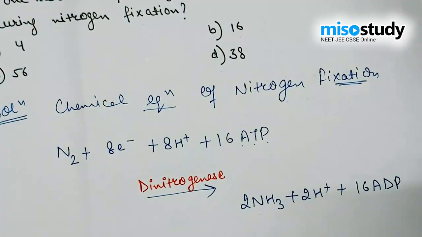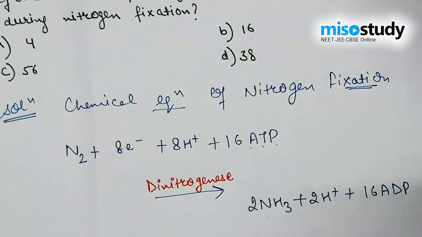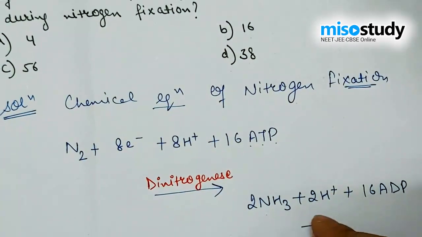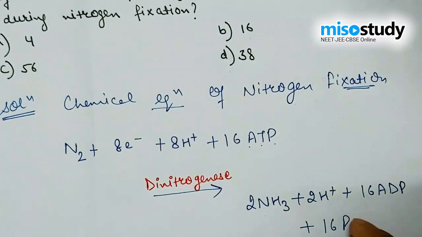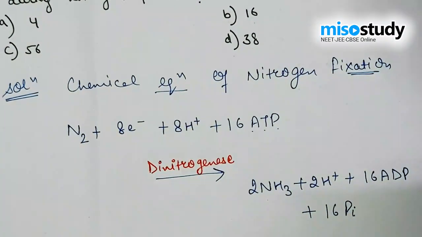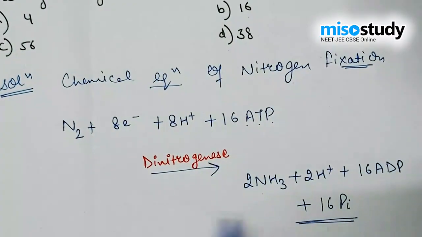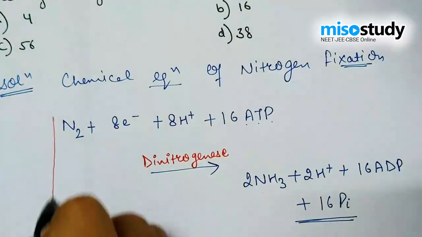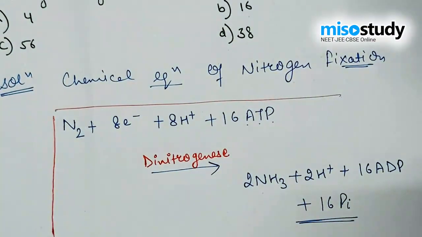ADP is adenosine diphosphate, plus 16 inorganic phosphate. This is the exact equation of nitrogen fixation.